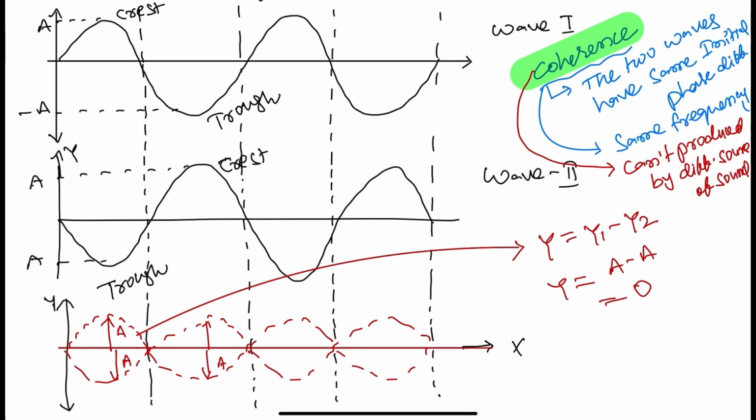They can be produced by the same source, but split by keeping some object in the path of the wave motion, for example Young's double slit experiment. So coherent sources means the two waves have the same initial phase difference and same frequency.